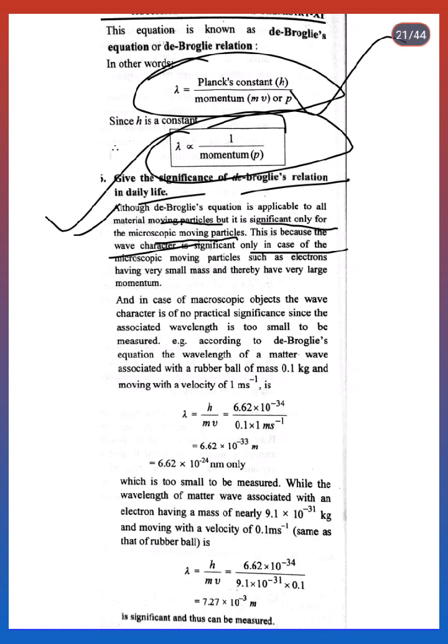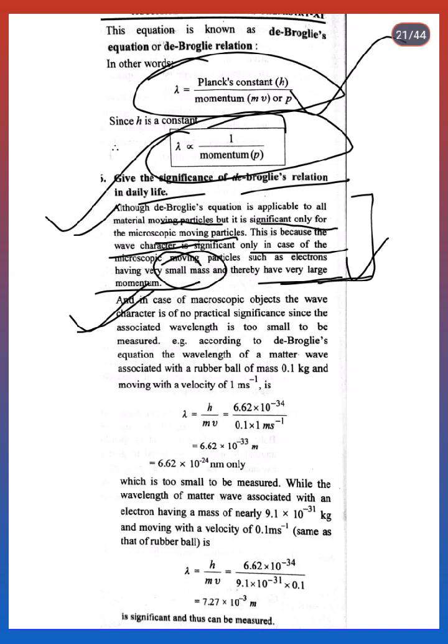So the de Broglie equation is applicable to those particles which have a small mass. If the mass is small, then the lambda value or momentum value can easily be found, so it will be easily measurable.